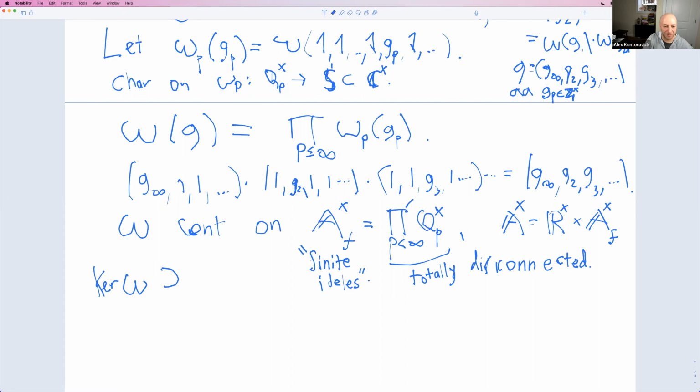It's a product of some open sets U_p for some finite set of places p, times the places not in p of Z_p cross.